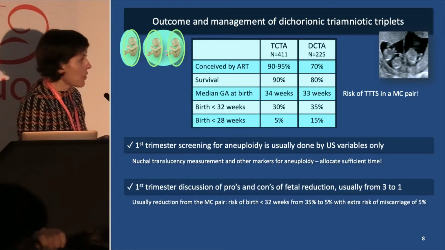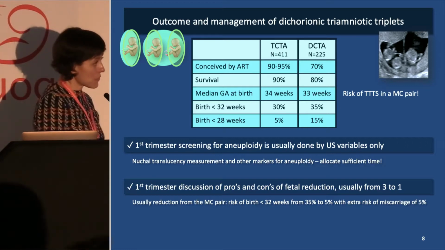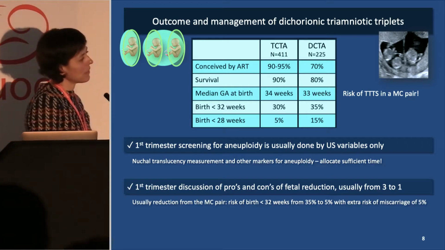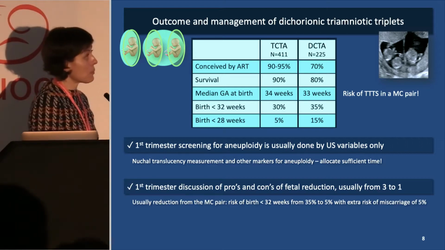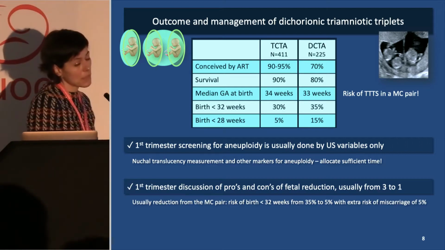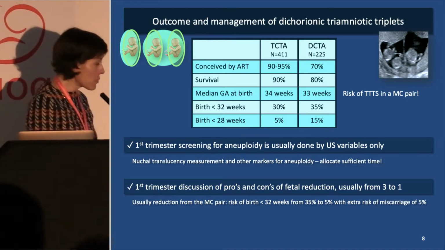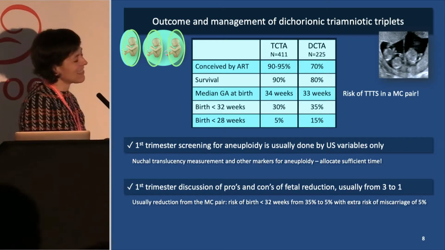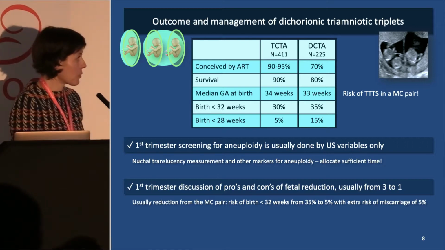And then for reduction, it's a little bit controversial. I know that centers reduce in this setting from 3 to 2, but in our hospital, we go from 3 to 1 baby. So we reduce the high-risk monochorionic pair, because we feel that reducing the singleton baby and leaving behind the monochorionic pregnancy does not improve the prognosis very well.